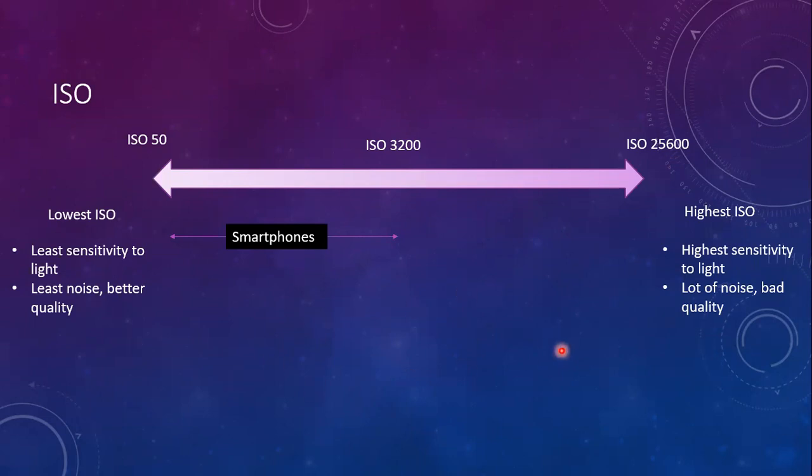Whereas higher ISOs lead to higher sensitivity to light, but also a lot of noise and a low quality image. Modern-day DSLRs can vary their ISOs from around 50 to around 25,600 or even beyond.